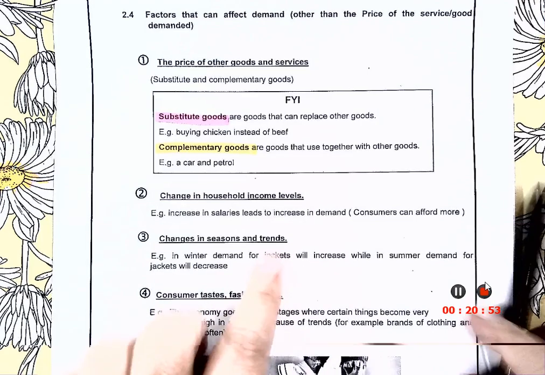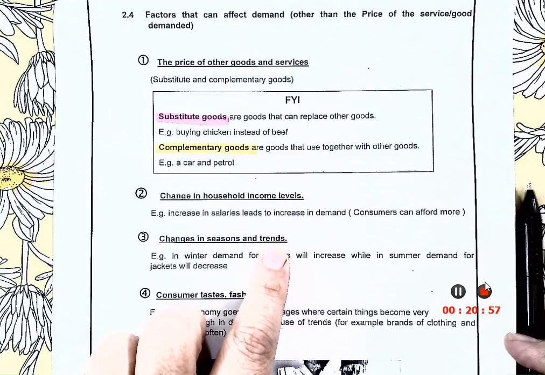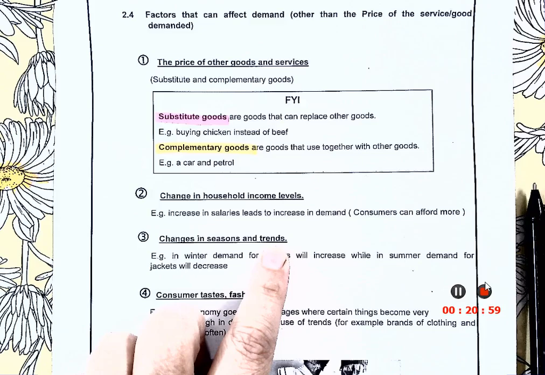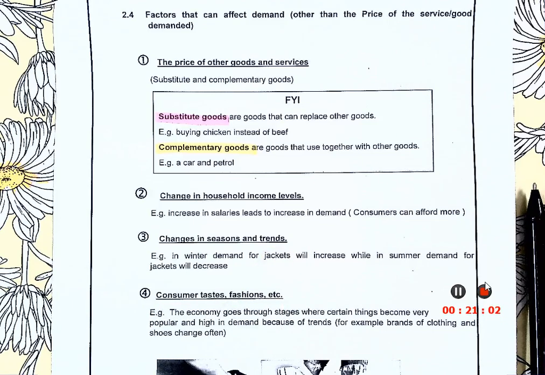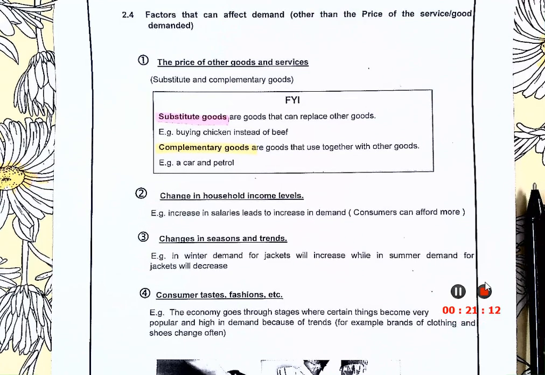Trends. Trends is an interesting thing. It's very close to fashion. But at this stage, the trend is that we don't drink tap water anymore. We buy bottled water. That's not a fashion, that's a trend.